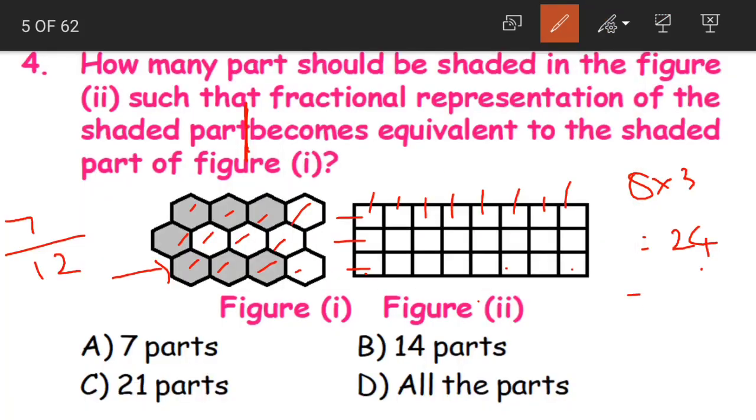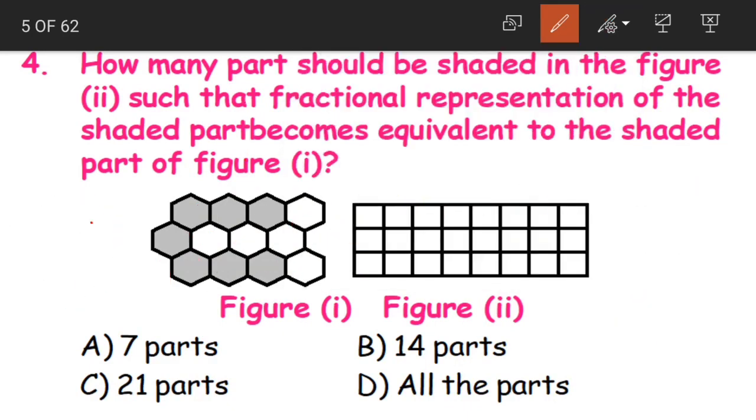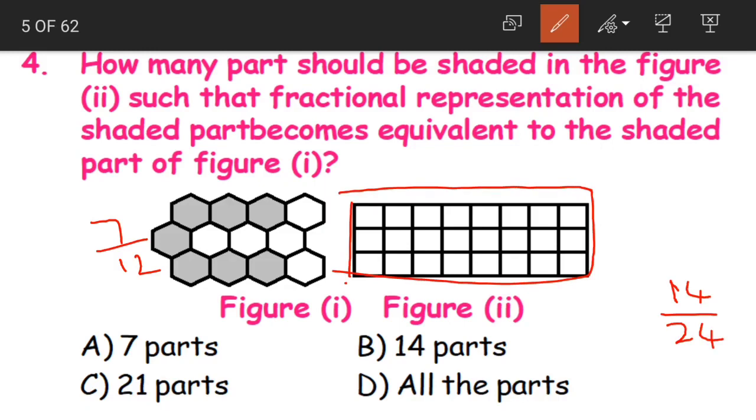What is the equivalent fraction? 7 by 12 is the first fraction, and here 14 by 24 is the equivalent fraction. Now out of this 24, how many should be shaded? The numerator, that is 14. 3, 6, 9, 12 and 14.